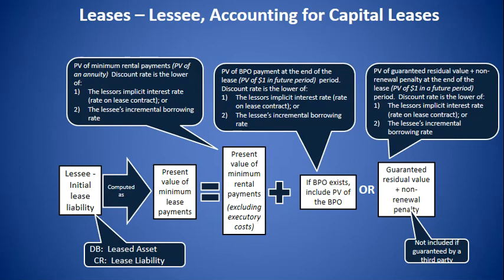We also are going to credit a liability, lease liability, and both the asset and liability will appear on the balance sheet. Now, the initial lease liability is going to be computed as the present value of our minimum lease payments, and that is going to equal, number one, the present value of our minimum rental payments, which we talked about from the previous slide, and that's going to be excluding executory costs.